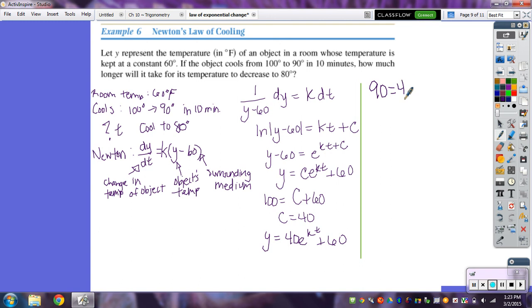90 equals 40 times e to the k, and now t equals 10. And then to solve for k, I would subtract 60, divide by 4. And so that would give me 90 minus 60, which is 30, divided by 4.